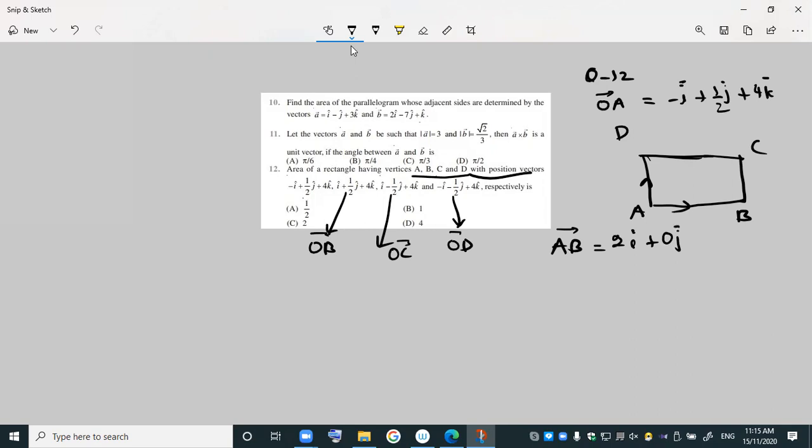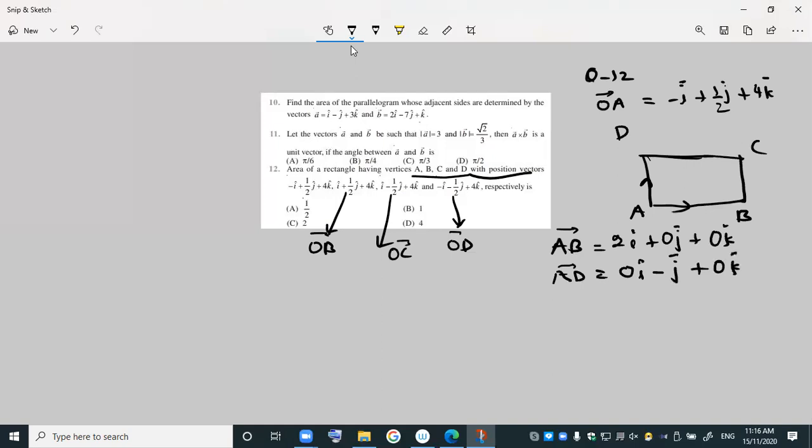Then 4k minus 4k, 0k. This will be vector AB. And vector AD, OD minus OA: minus i minus minus i, 0i. Then minus half minus half, minus 1. And 4k minus 4k, 0k.